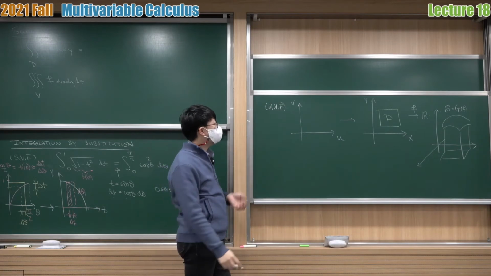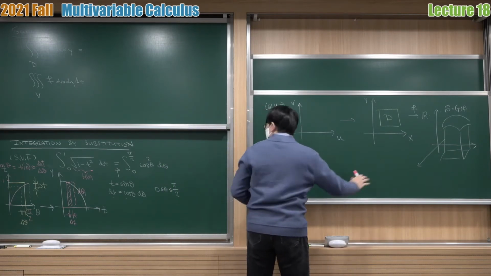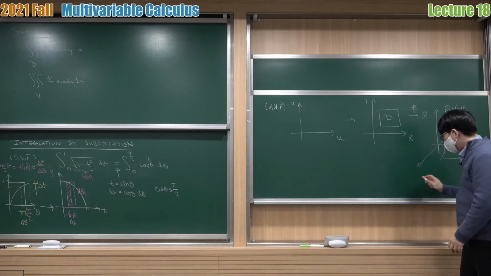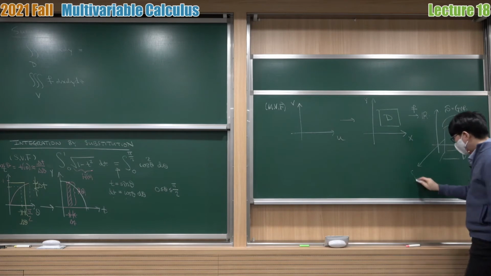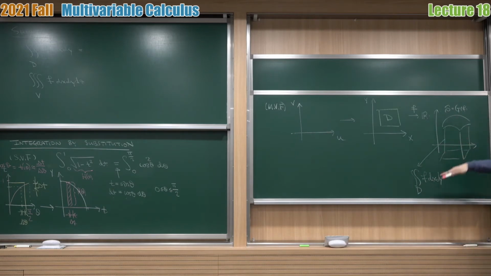Okay. Now what I have to do is the same thing as we defined in the double integral. I'm trying to take the double integral, which is symbolically written as this, and its meaning is the volume under the function.